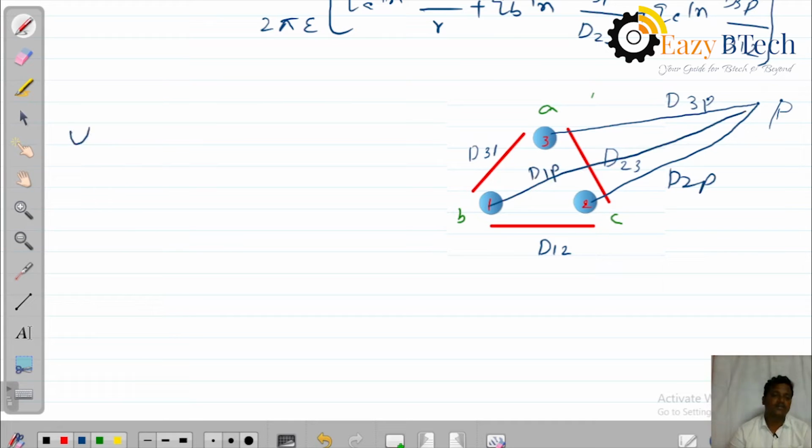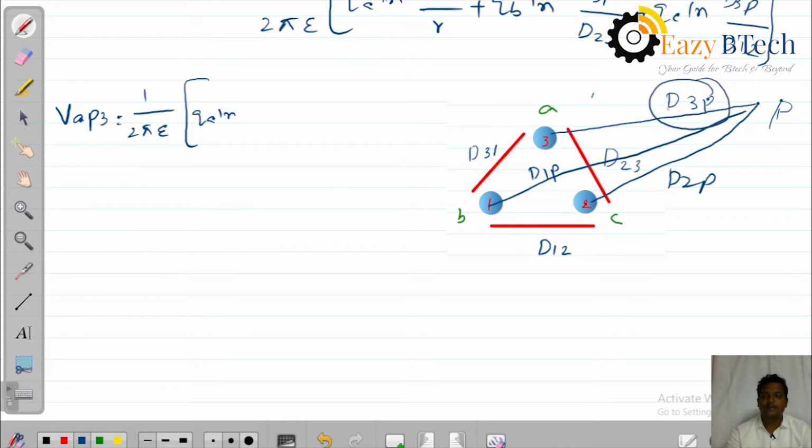Now I am writing VAB3. Sorry, it is V3. The potential difference A to B, A at position 3, is 1 by 2 pi epsilon due to QA ln. The distance from A to P is now D3P.